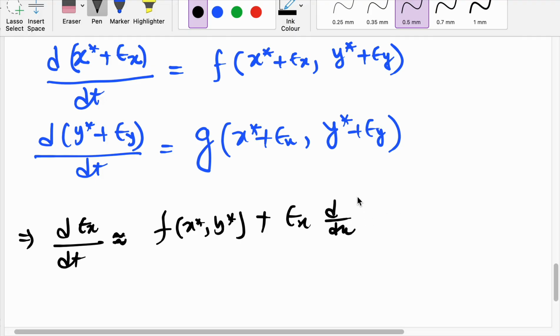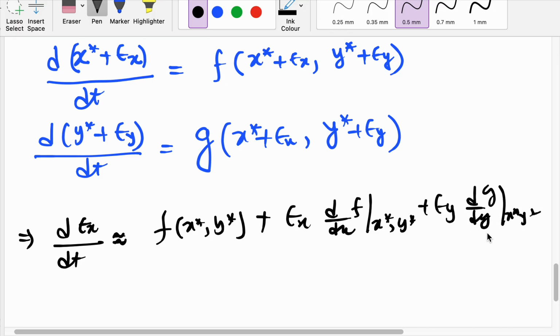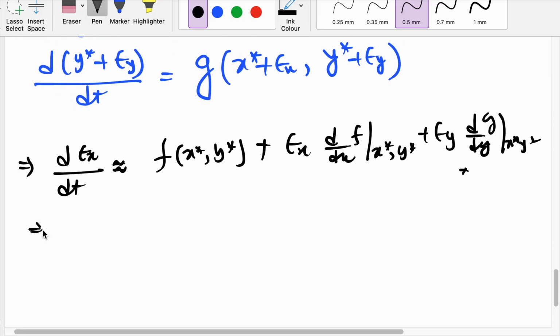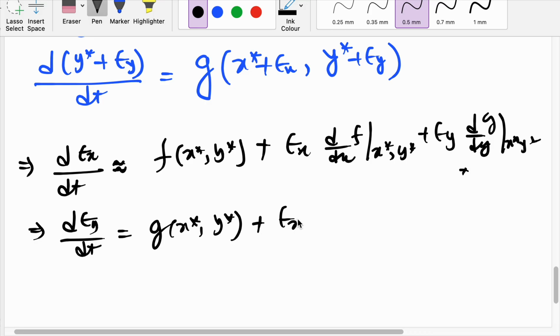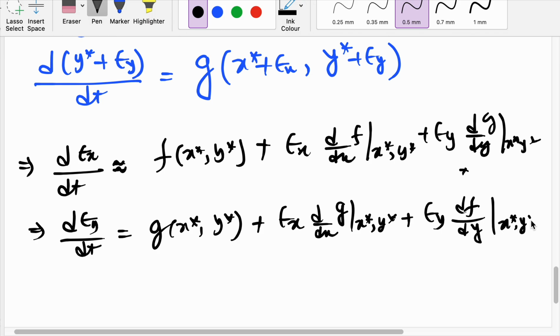So dfdx of f at x star comma y star plus epsilon y dfdy of f at x star y star plus other terms which I am ignoring. So d epsilon y dt will be g of x star y star plus epsilon x dgdx at x star y star plus epsilon y dgdy at x star y star.